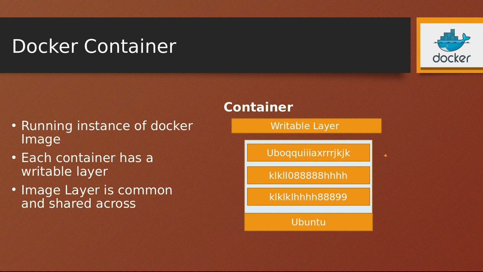So Docker containers with only this writable layer are not at all good for any persistent application. If you have a persistent application, like a database that has to write data into the Docker container, then the data will be lost after the container is removed.